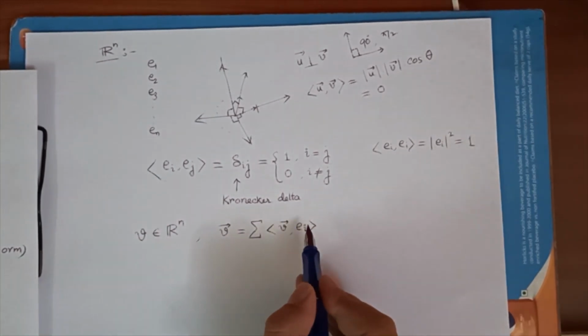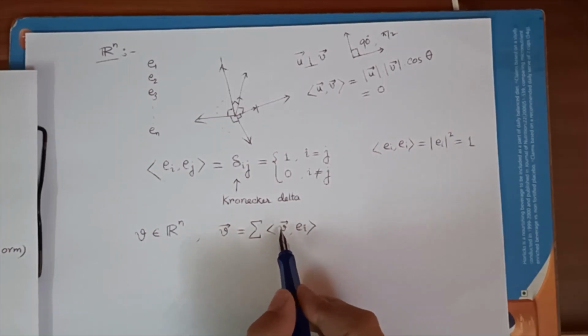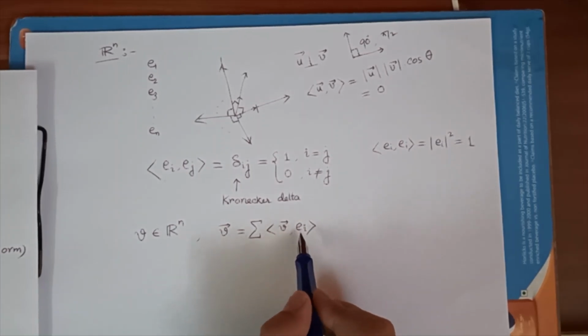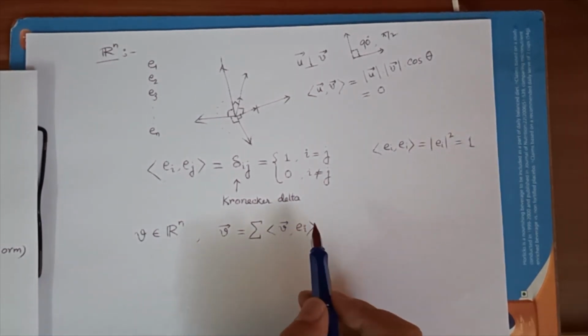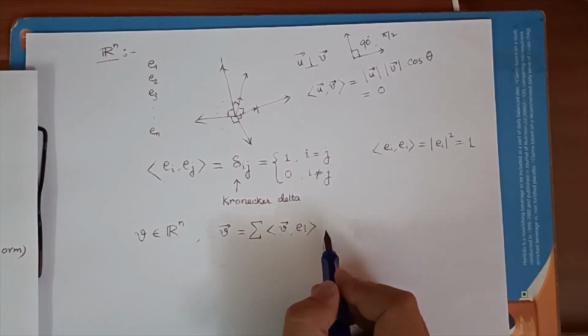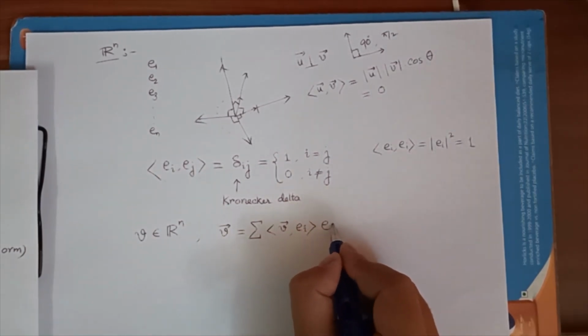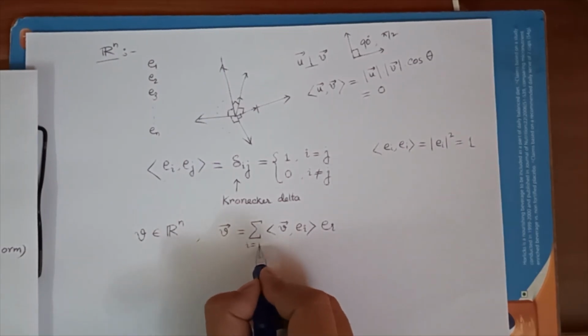This is essentially the projection, the length of v when you do the projection on Ei. So this inner product gives that length, like the length of v times cos theta, if theta is the angle, times Ei, for i equal to 1 to n.